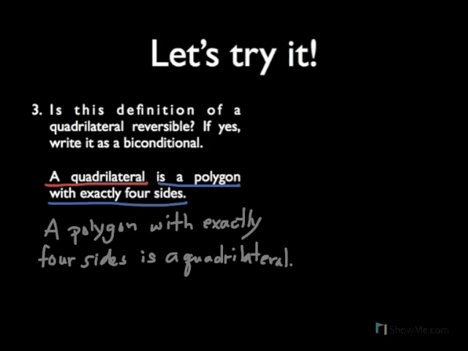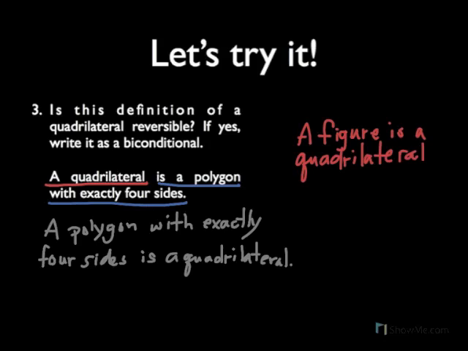Now I say it's going to be that, but we need to make sure they're complete sentences. So how can we write a quadrilateral as a general sentence? How about this? A figure is a quadrilateral. Notice that all that I'm talking about here is a quadrilateral.